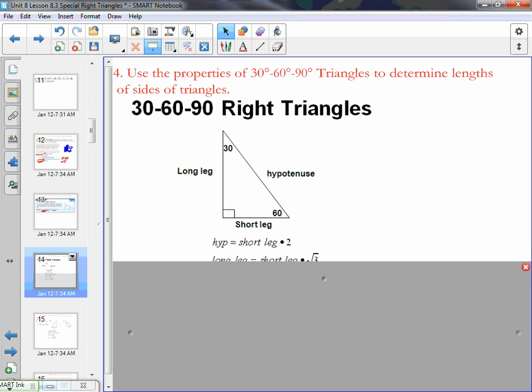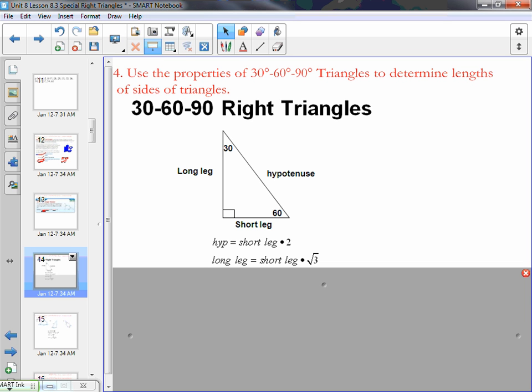We also know that the long leg equals the short leg times the square root of 3. So both of those equations come from the work we did just a minute ago when we started with that equilateral triangle and drew the altitude in. All right, that's where those two come from. We okay with those two?